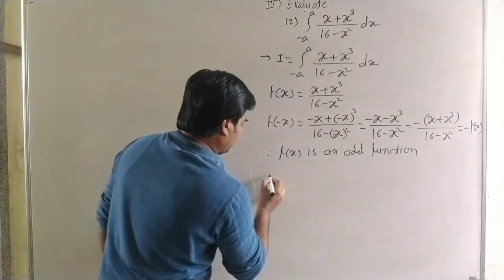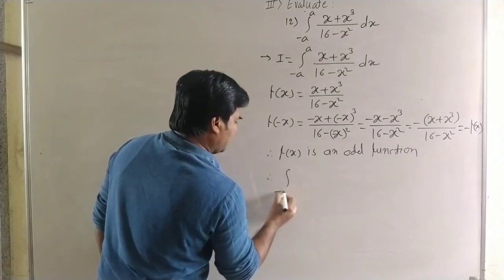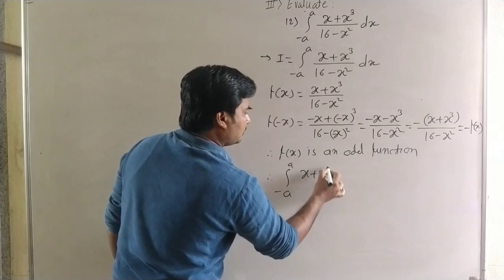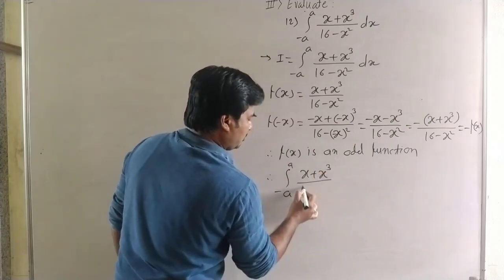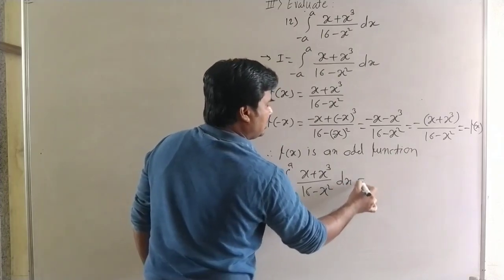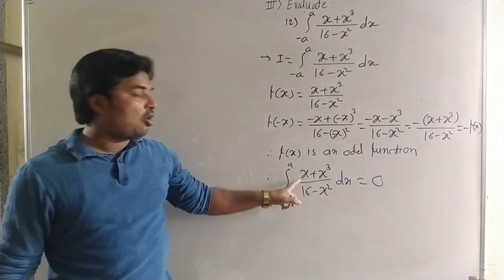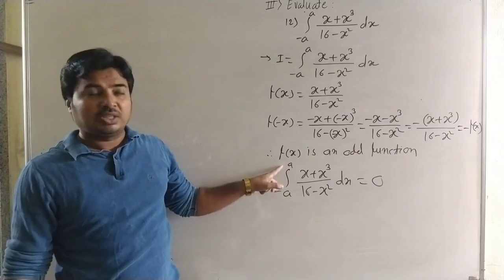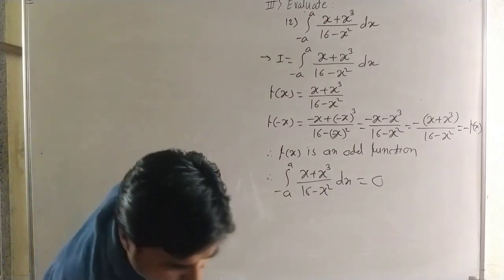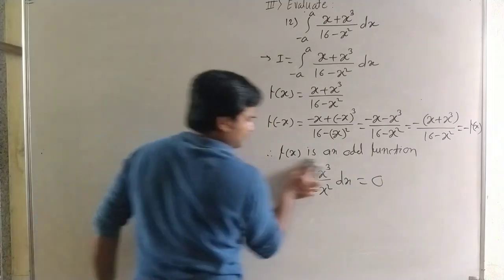Okay, and therefore this integral from minus a to a of x plus x cube upon 16 minus x square dx is equal to 0, because it is an odd function, and here the limit is minus a to a. Okay, see carefully this. Now the next example.